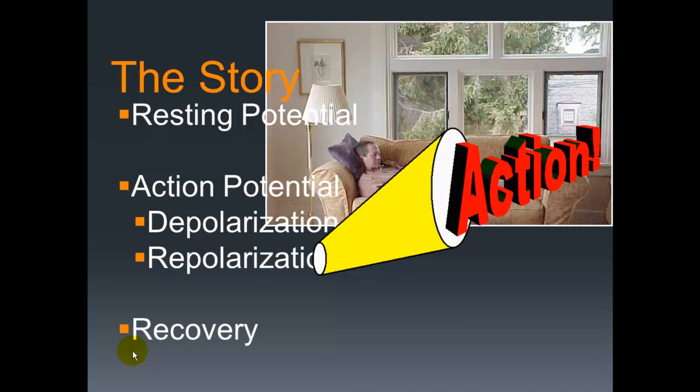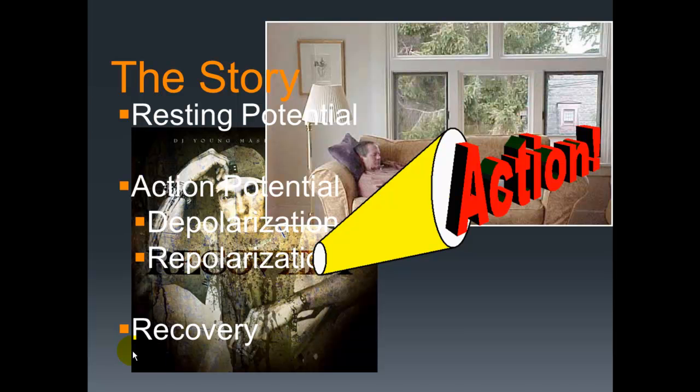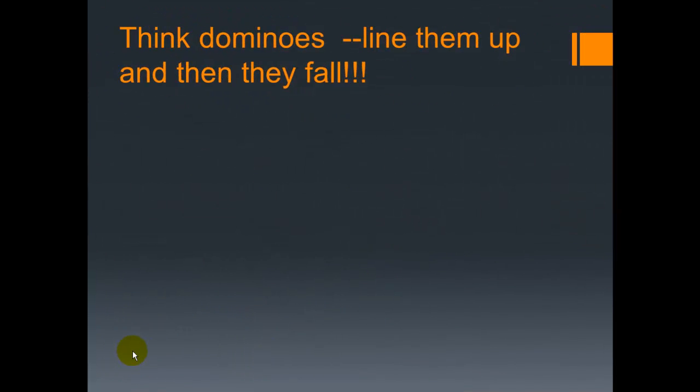At the end of the impulse, the neuron is going to have to recover, and we call this the refractory period or recovery. And just like Eminem had to recover from drug abuse, the neuron has to recover from carrying an impulse before it can carry a new one.